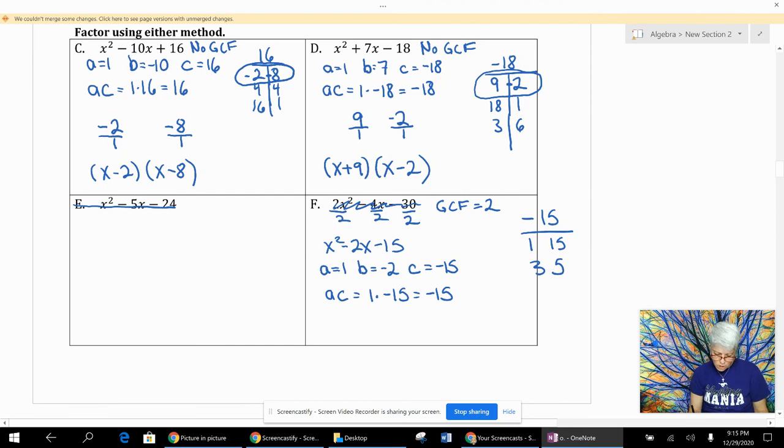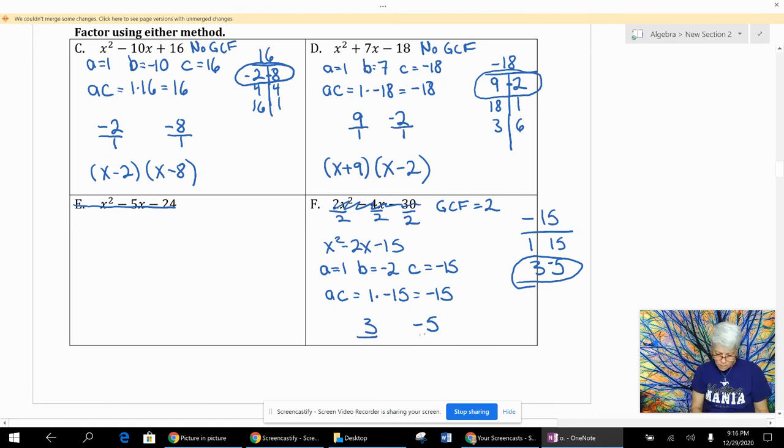What is B? B is negative 2. So let's look at these two. Which one needs a negative in front of it for them to add up to negative 2? The 5 does. So I have a 3 and a negative 5, which when added together get negative 2.